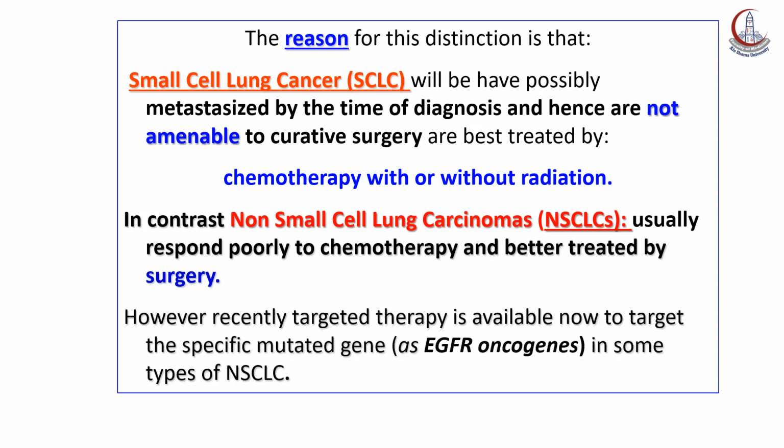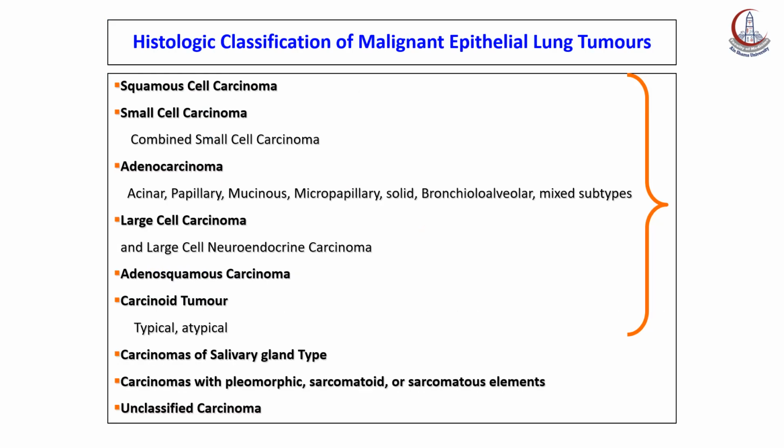However, targeted therapy is now available for non-small cell lung cancer to target the specific mutated gene, such as epidermal growth factor receptor oncogenes in some types of non-small cell lung cancer.